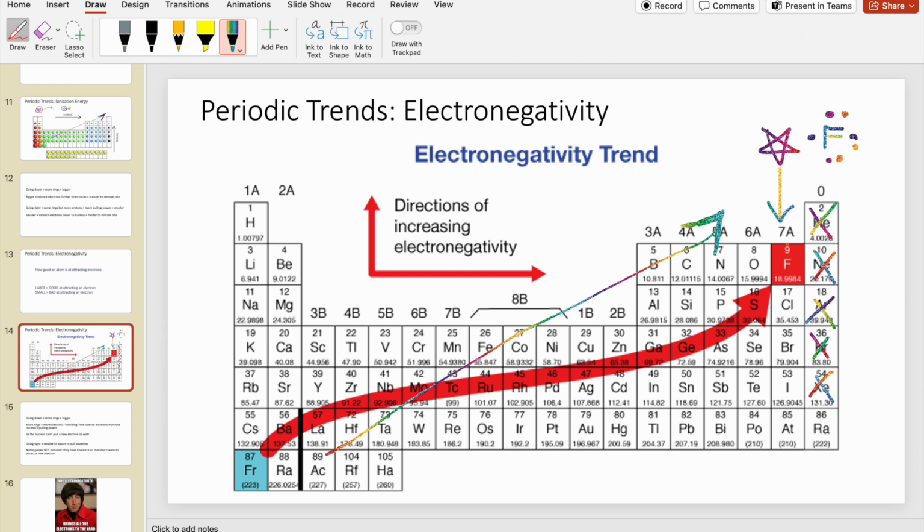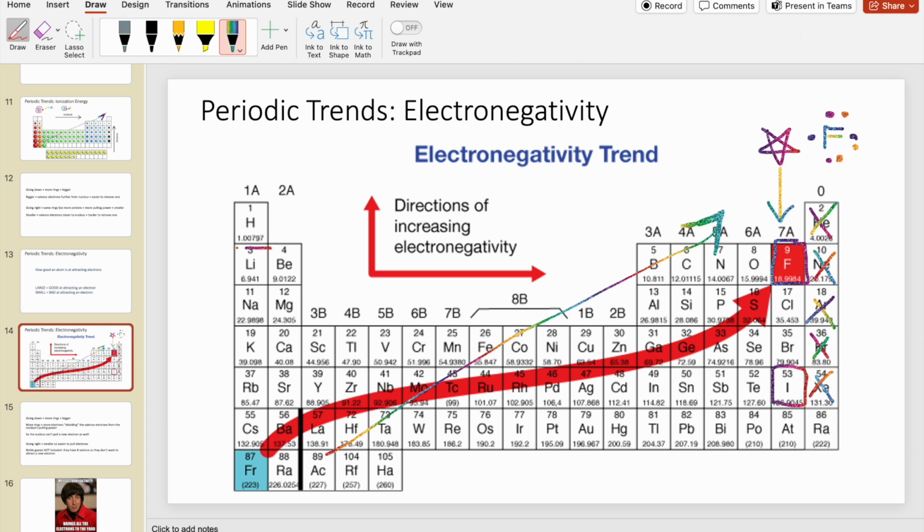And because fluorine is the smallest one in group 7, it's going to be better at attracting those electrons. If you're down here at iodine, yes, you have 7 valence electrons, but you're bigger, so that nucleus can't really reach outside electrons as well. So fluorine is going to automatically be best.